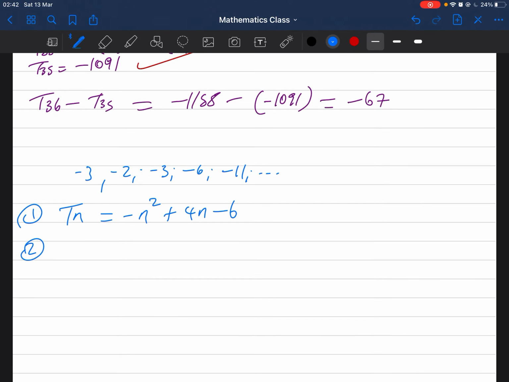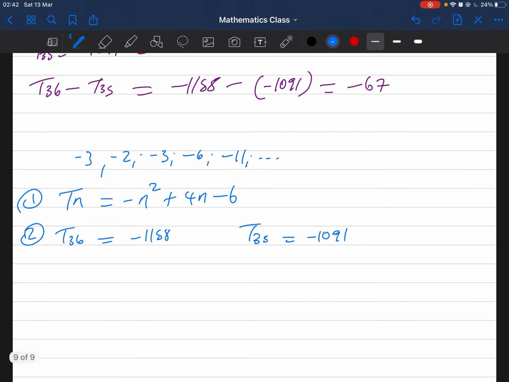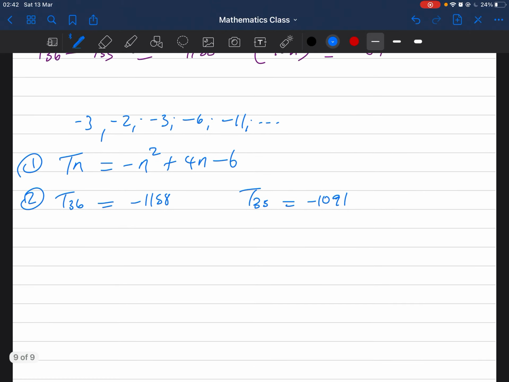In the second video, we found T36 as -1158, and we found T35 as this value, and then we found the difference of these two.